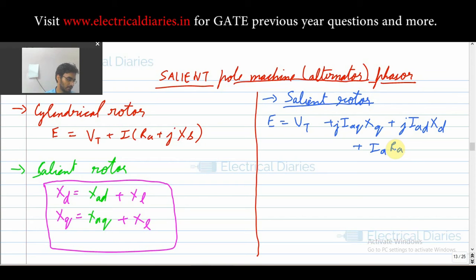Okay, so this is the expression. Now I hope you could analyze. See, instead of Xs we are using these terms in the salient rotor. Okay, so this is the equation. By using this equation we can easily draw a phasor diagram.